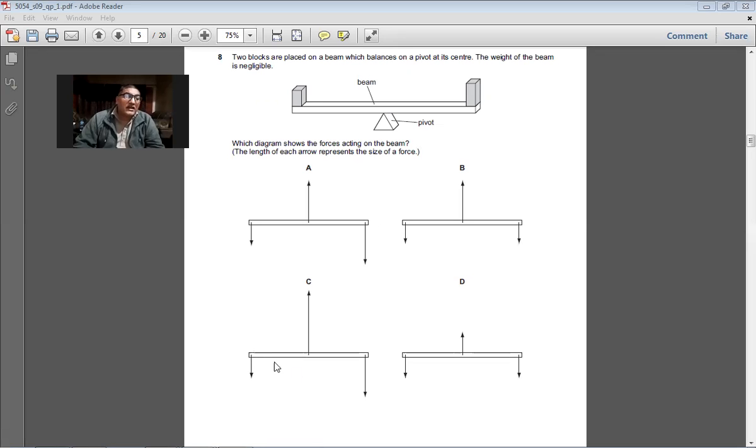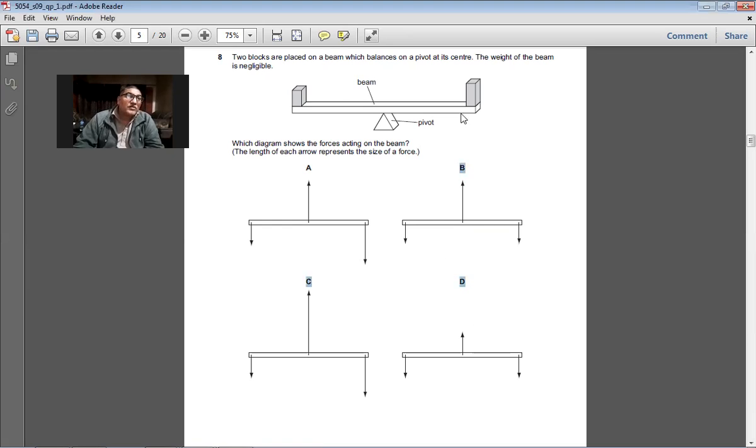If I add this and this, it will not be balanced. The two weights should be equal to each other, so the arrows acting downward should be equal in size. And the force on the pivot should be equal to the sum of these two.